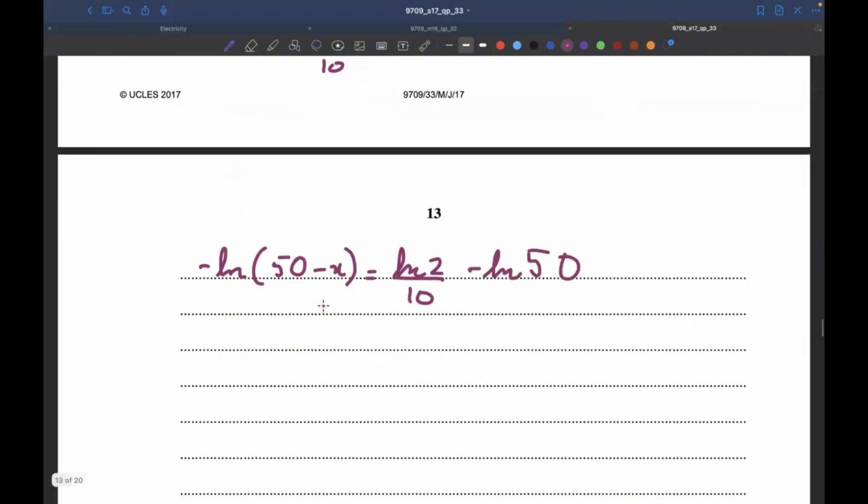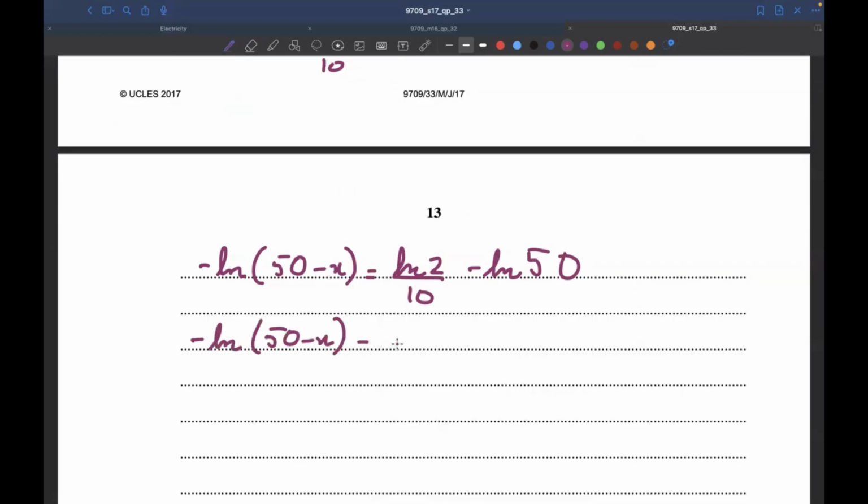Now to make x the subject, first on the left hand side, we can bring all the ln terms together.